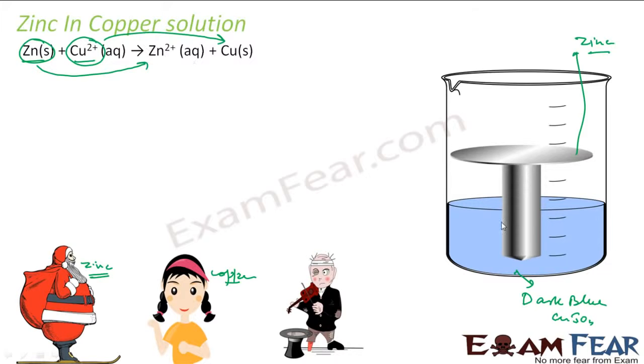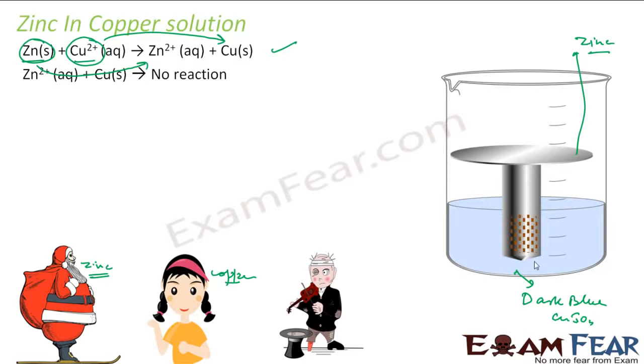So what will happen in this case? You will get zinc sulfate in this solution, right? And the copper sulfate becomes copper. The copper sulfate becomes lighter in color, and the copper from the copper sulfate has joined the zinc.